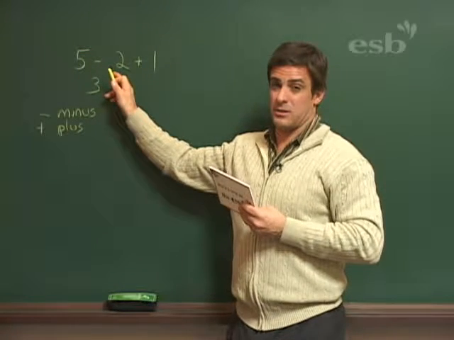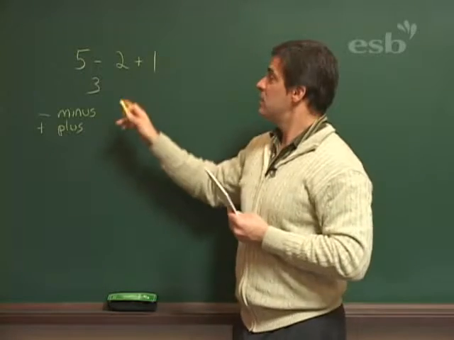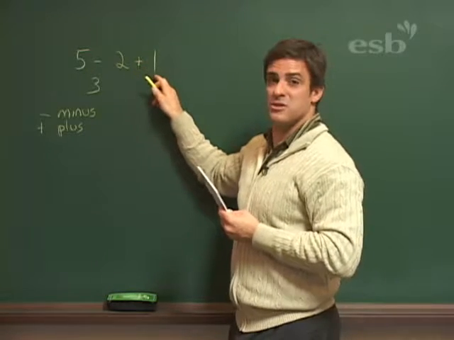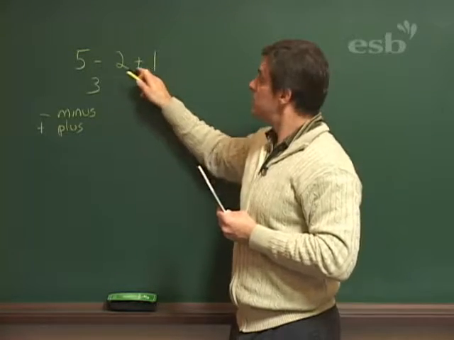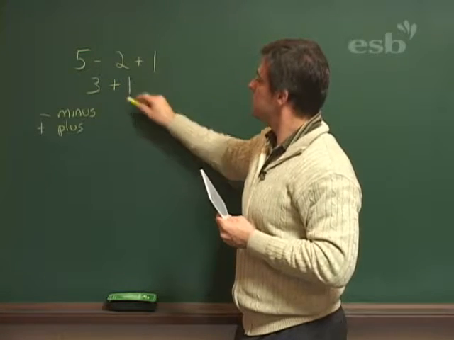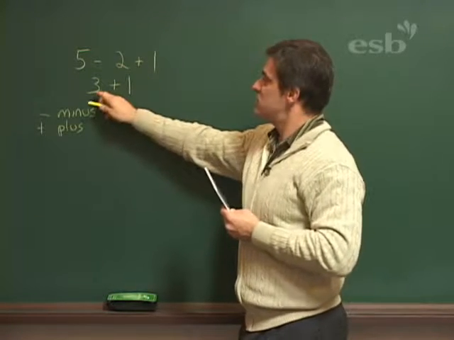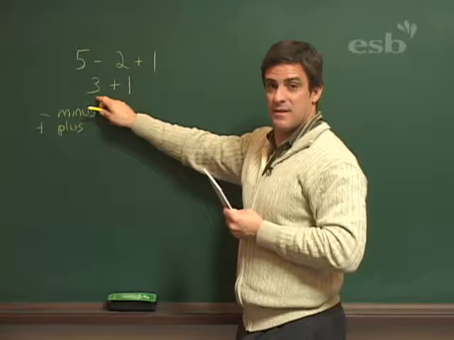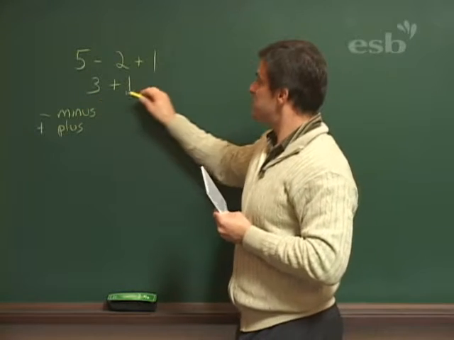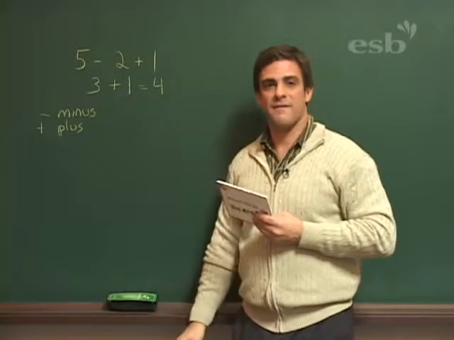We have part of the answer. But now we must finish the problem. Plus 1. 5 minus 2 is 3. 3 plus 1 equals 4.